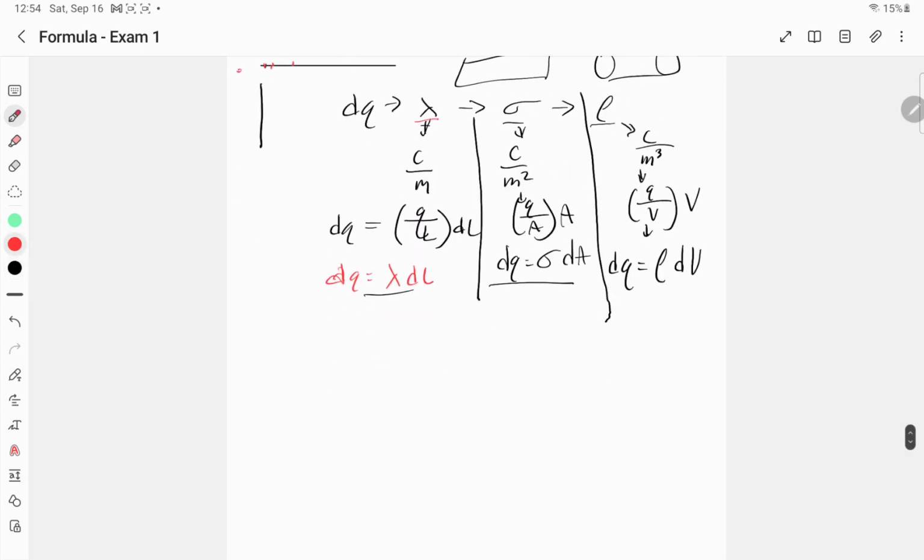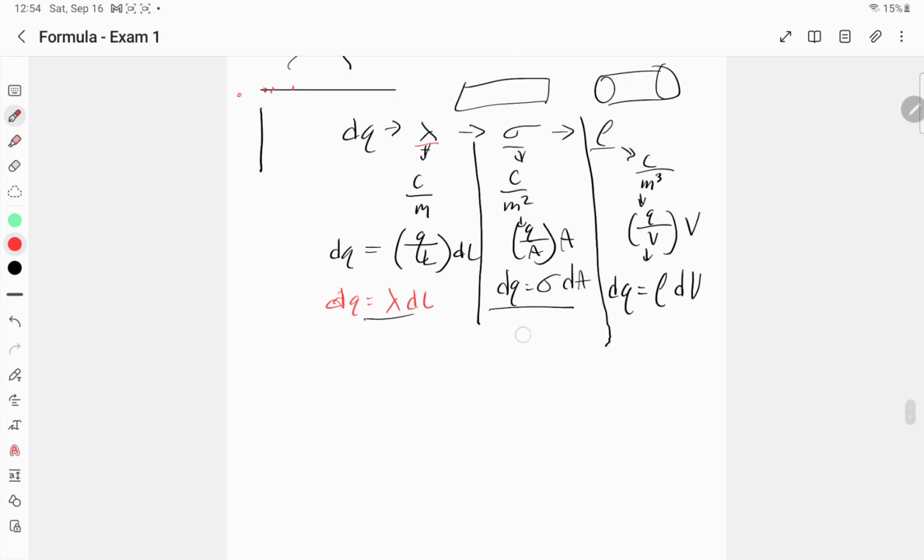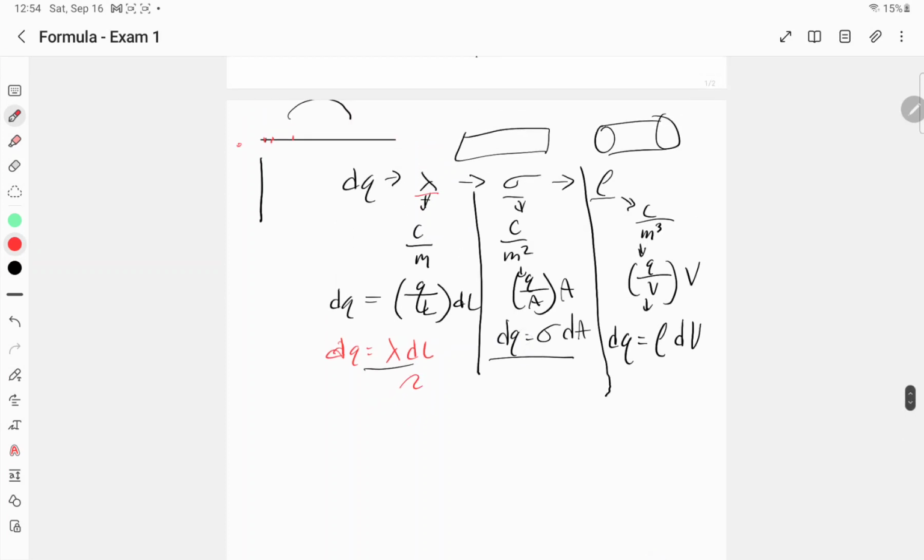Nick mentioned a really good point. He said some keywords you can look at, or just keys in general, is that sometimes a problem will literally bring up lambda, or sigma, or density, or rho in the problem. So this will give you a hint that, hey, I'm probably going to use surface or linear density if they're explaining this in the problem.